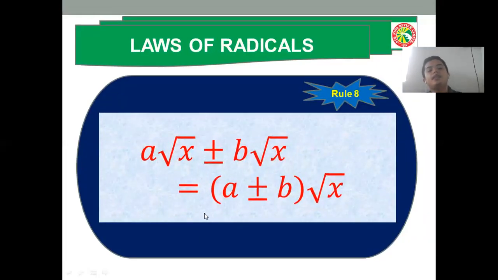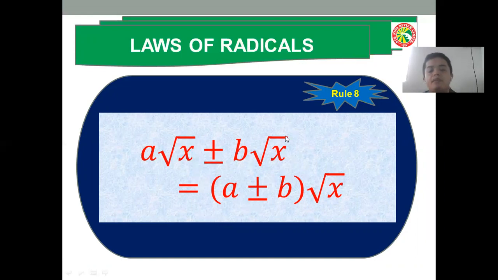So what if it involves adding or subtracting radicals? So a square root of x plus or minus b square root of x. This is how to simplify if it involves addition or subtraction.